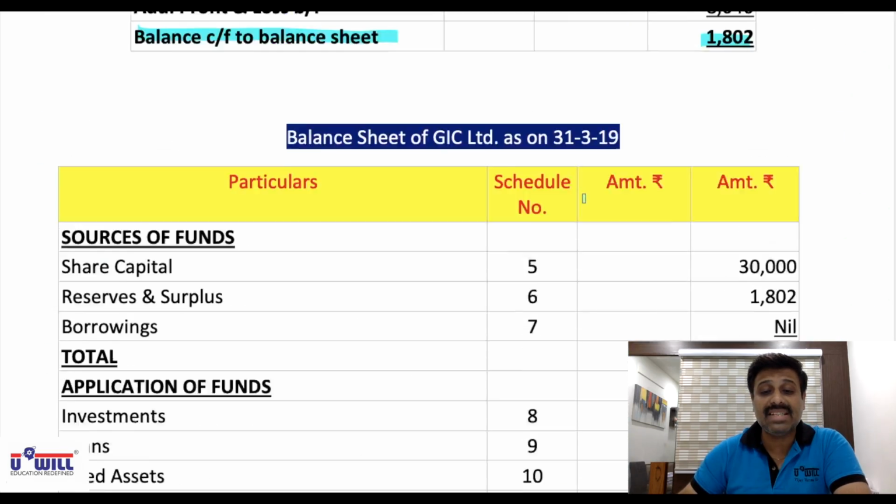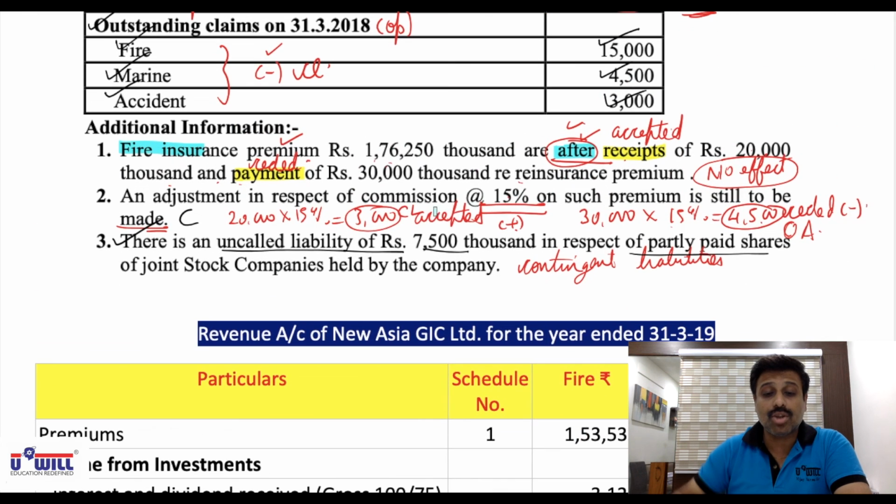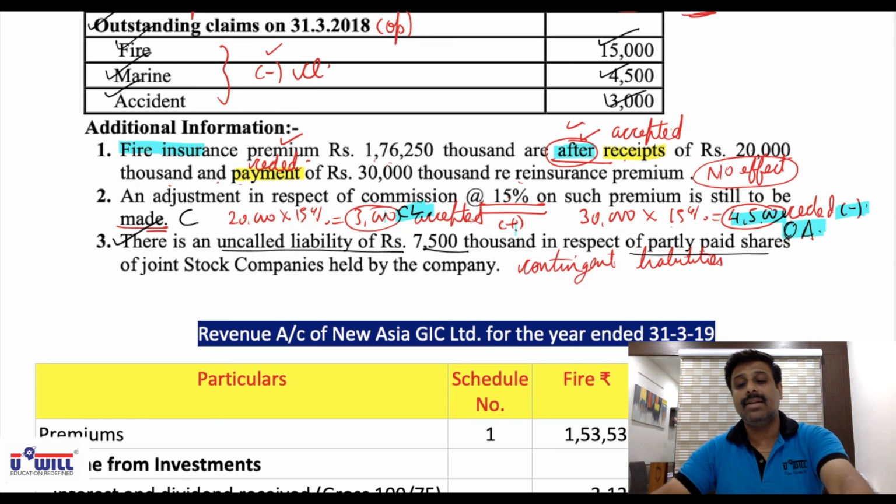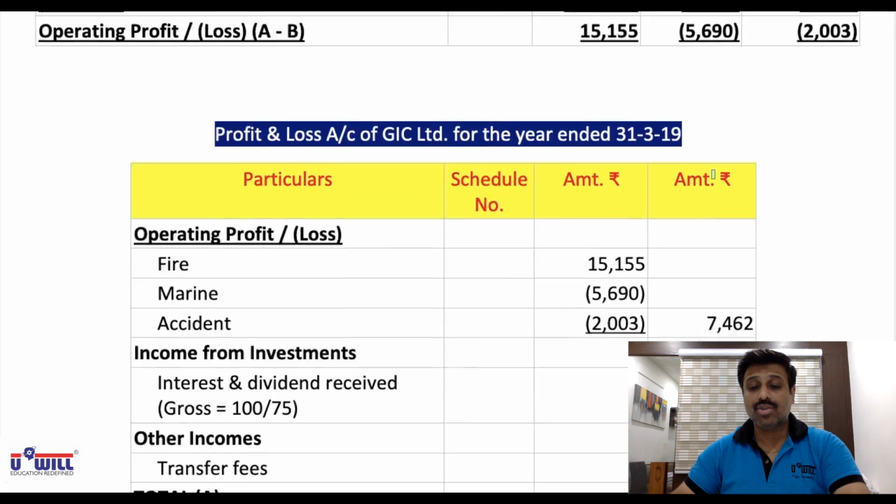I repeat, adjustments always have two effects. So this commission on reinsurance accepted 3,000, we have to add in commission as well as show it in current liabilities. And commission on reinsurance ceded 4,500, we have to minus from commission as well as show it in other assets. So let us show this amount now.